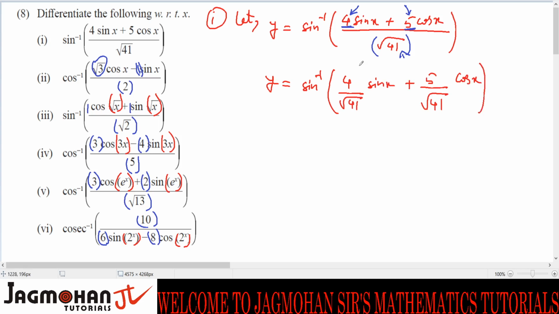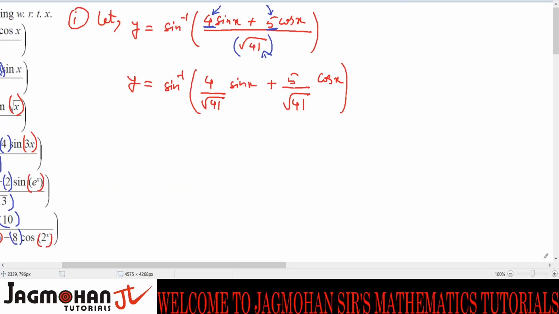Now what I notice is, these three numbers are special numbers: the sum of squares of these two is equal to the square of the denominator. So the denominator can be considered as the hypotenuse of a right angle triangle.